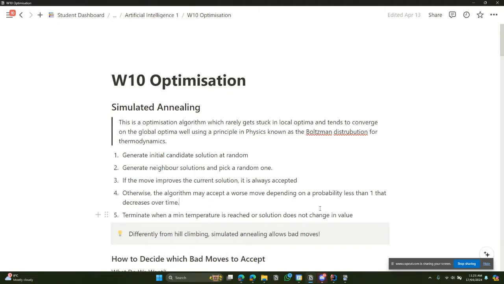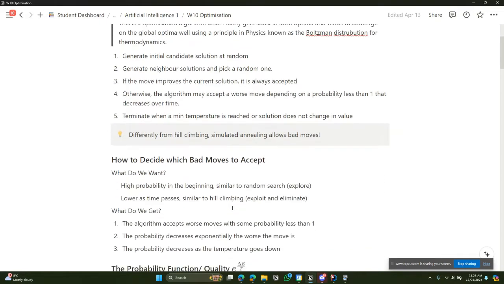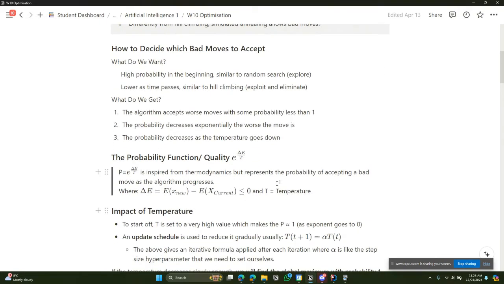As I mentioned, different from hill climbing, simulated annealing does accept bad moves, but it accepts on a probability. So how do we decide which bad moves to accept? What do we want?